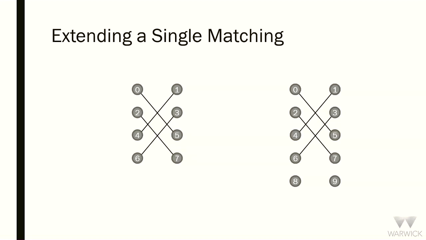And let me describe how I preserve the uniform distribution of matchings with low cost. Assume you have a matching over 2n vertices, over 8 vertices, and you want to extend it to a larger matching. So I'll describe a process.